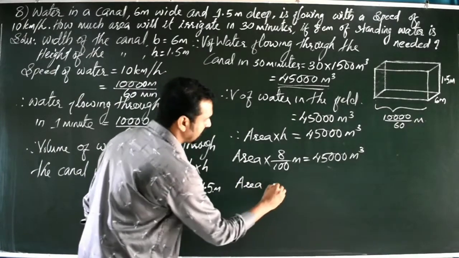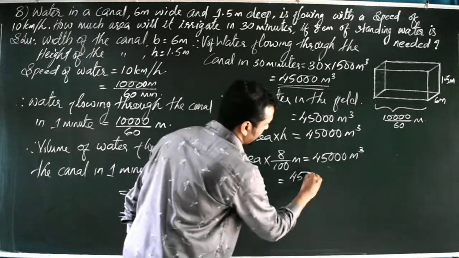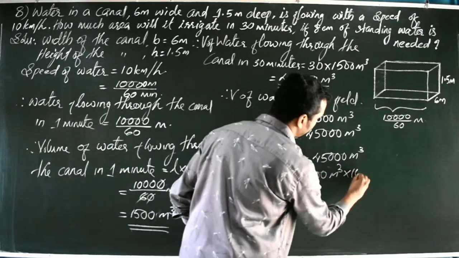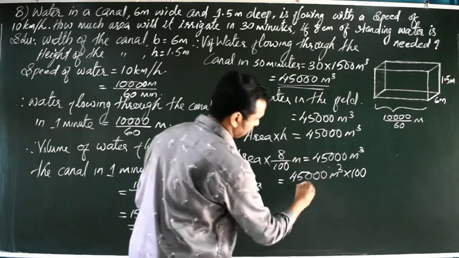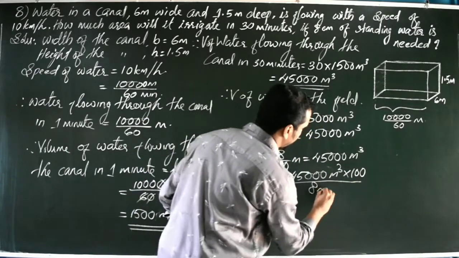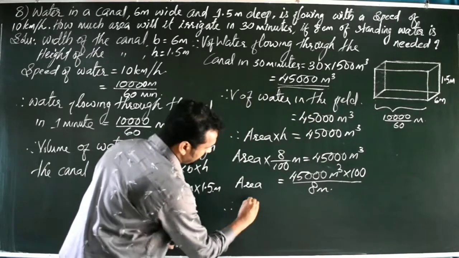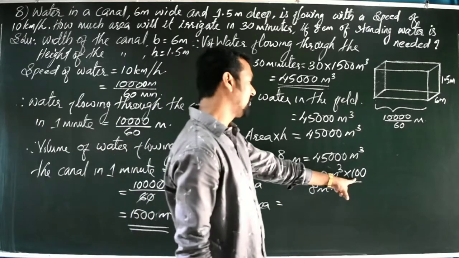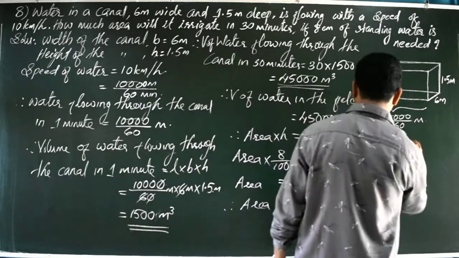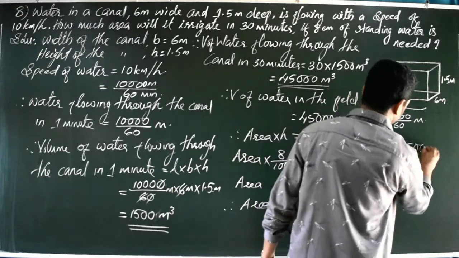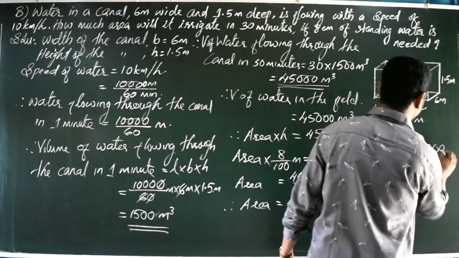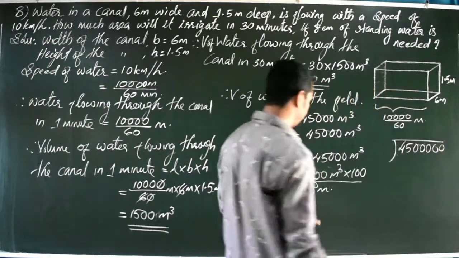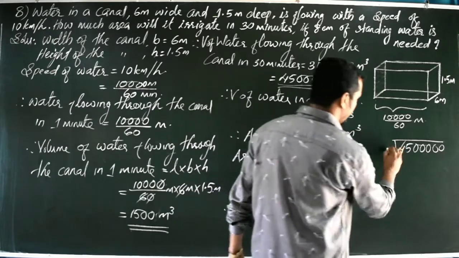Therefore area of the field is equal to 45,000 meter cube into 100 divided by 8 meter. 45,000 into 100 it will come 45 lakh, 45 lakh divided by 8. Okay, now divide it.